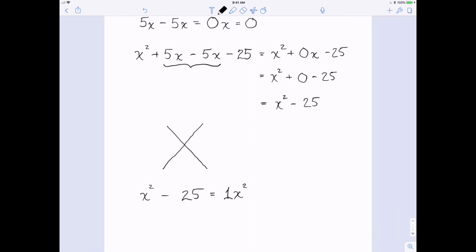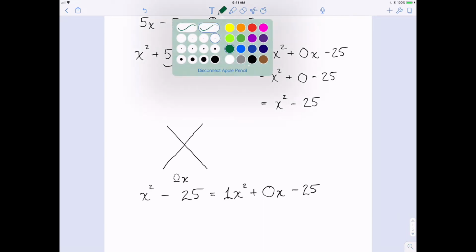Normally, to figure out what goes in the bottom here, we have something in front of an x. Well, in this case, what do we have in front of the x? We have a 0 in front of the x. So it's not written. So I write plus 0x minus 25. And now, once you realize that, then playing the game can proceed.